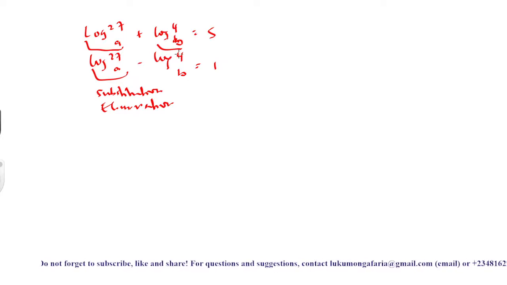And don't forget, if you want to use the elimination method to solve a simultaneous equation, what you have to do is to check whether the coefficient of the variable you want to eliminate is equal. If the coefficients are equal, then you are going to see whether you are going to add or subtract to get rid of that variable. For example, if the terms have the same sign, maybe plus and plus, for example now you can see this term is positive, then you can subtract directly.